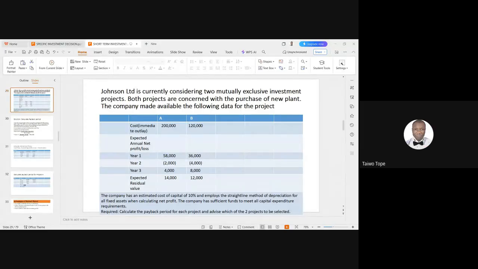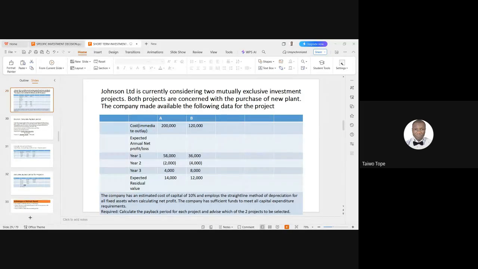So the question is required: calculate the payback period for each of the projects and advise which of the 2 projects to be selected. So what will be your answer? Project A. Based on the computed answers, project A has a shorter payback period of 2.3 years compared with project B with a payback period of 2.4 years.